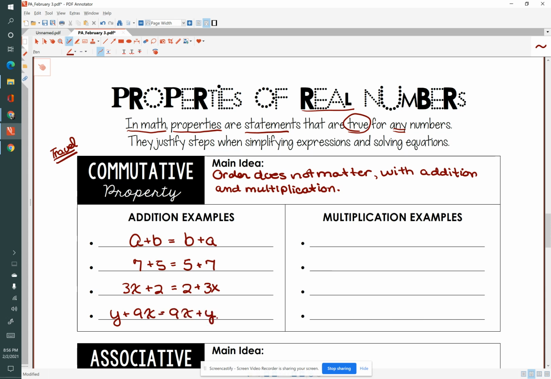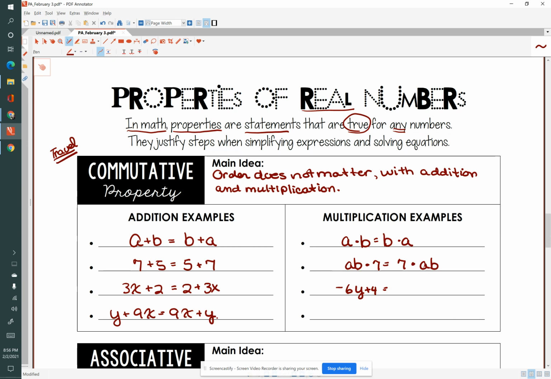So let's look at some multiplication examples. We could say that a times b equals b times a. We can say that ab times 7 equals 7 times ab.